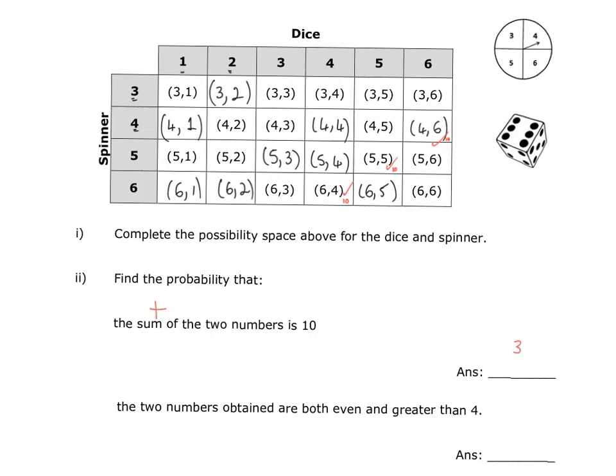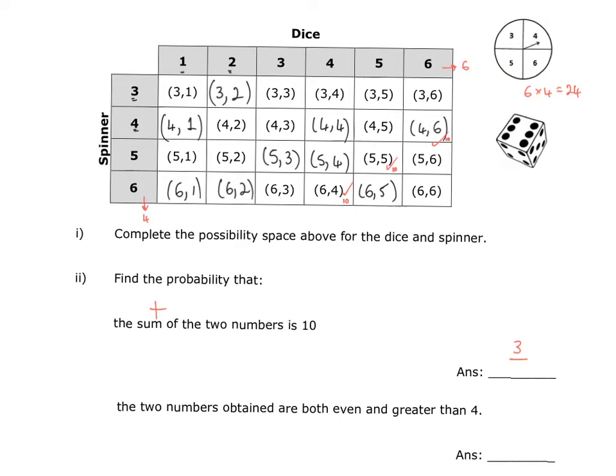But for probability, we need the total amount of outcomes. The spinner has 4 outcomes, 1, 2, 3, 4. The dice has 1, 2, 3, 4, 5, 6 outcomes. So 6 times 4 is 24 possible outcomes.